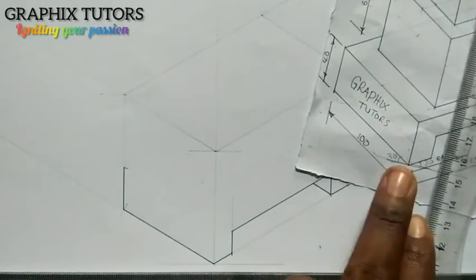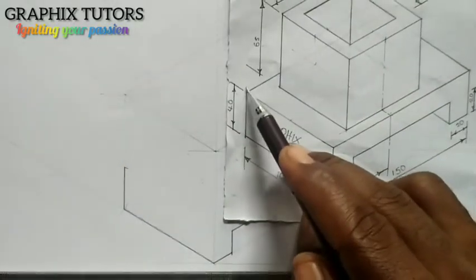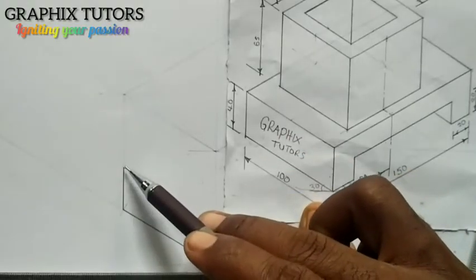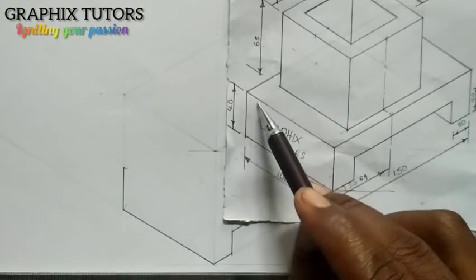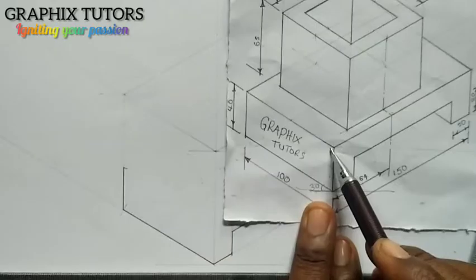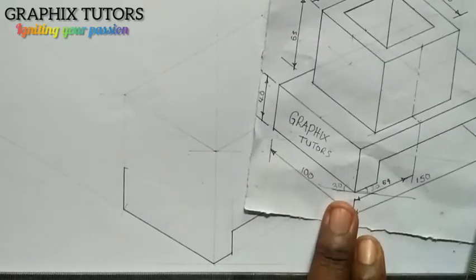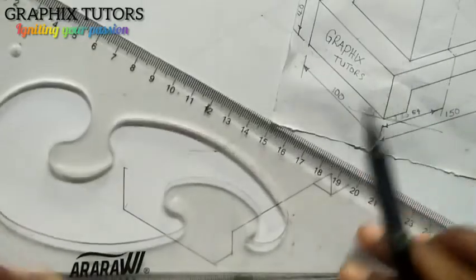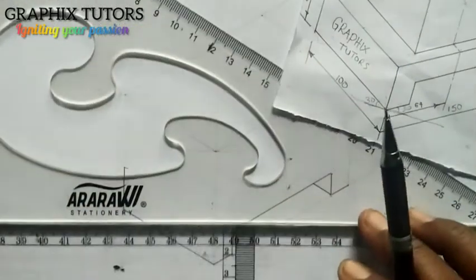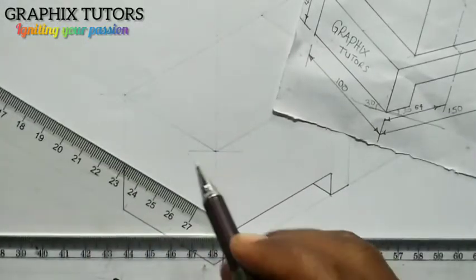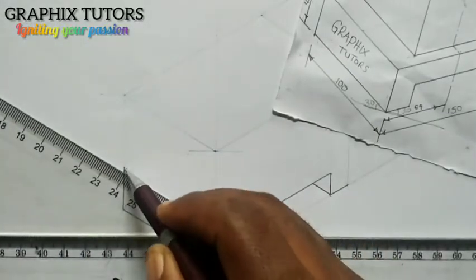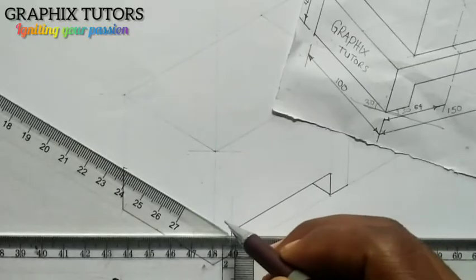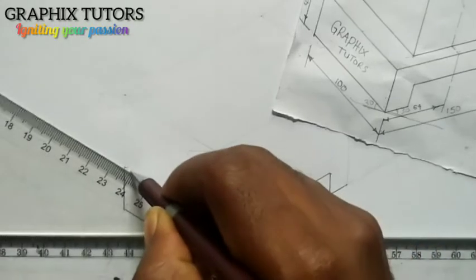Now if you look at this, from that point here, I'm going to draw my line that will touch this point here, which is somewhere around here. So what will I do? Take my T-square, my set square, put it on my T-square this way. You can see that, and I'll move it to this point, and I'm going to join from here to this point.